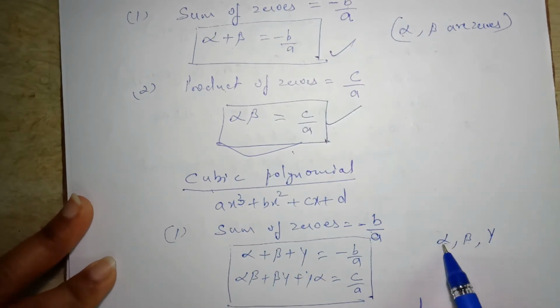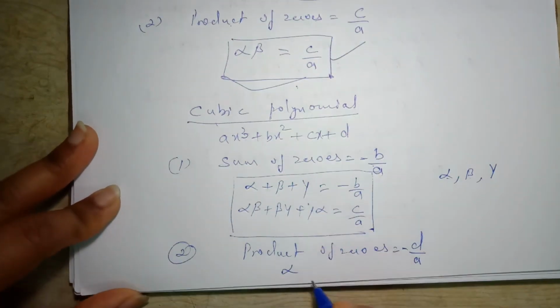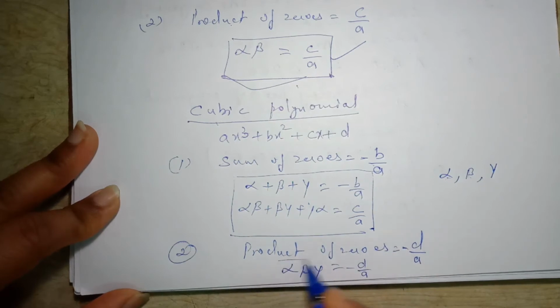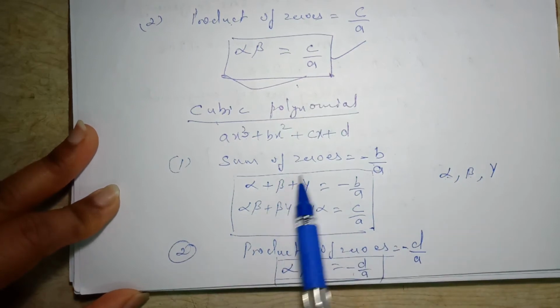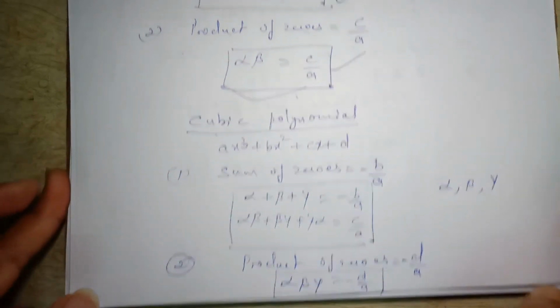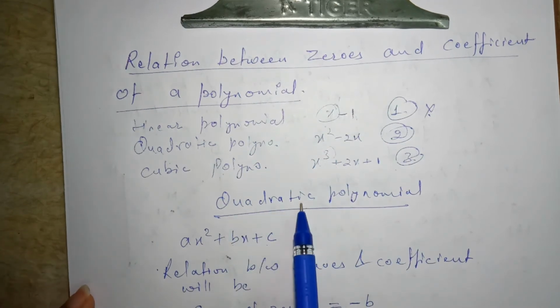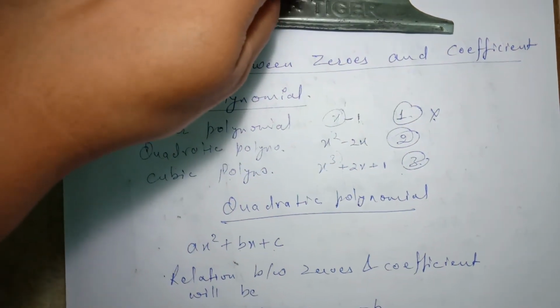The product of zeros, alpha into beta into gamma, is equal to minus d by a. So by taking these conditions we can find the relation between zeros and coefficients of a cubic polynomial. Only the quadratic polynomial is in your syllabus, so let us find the relation by taking an example.